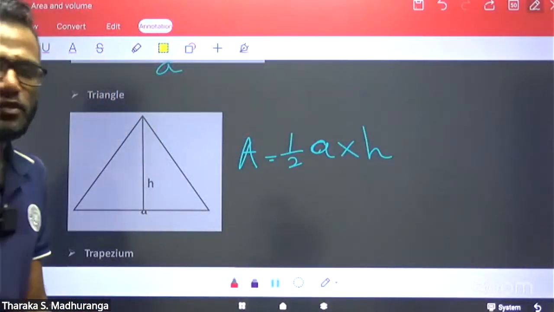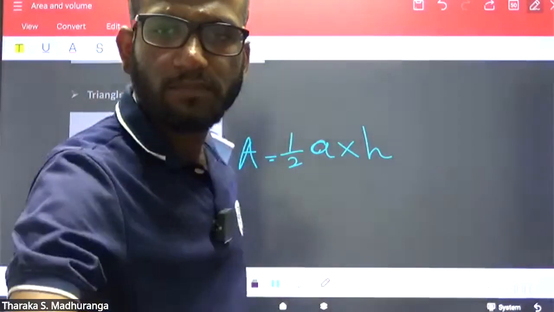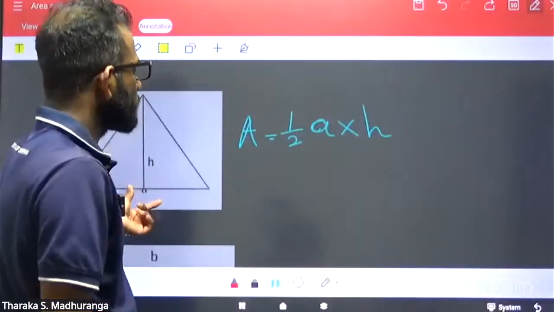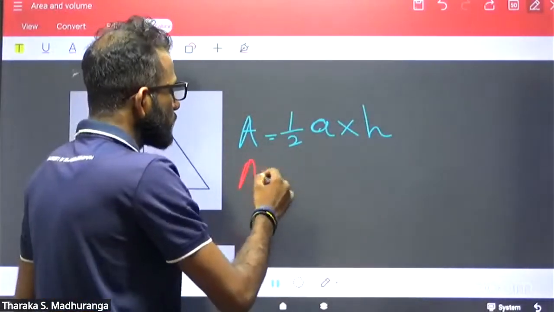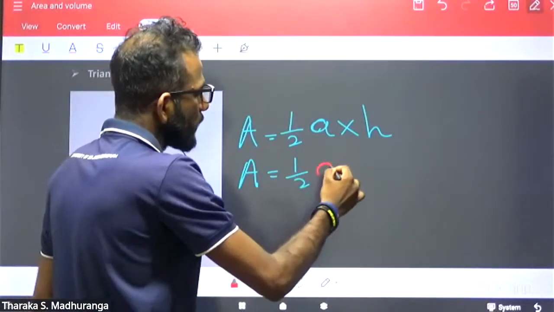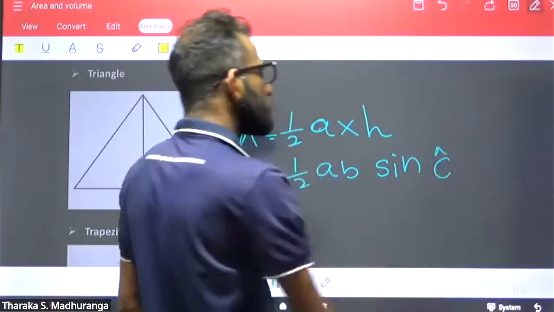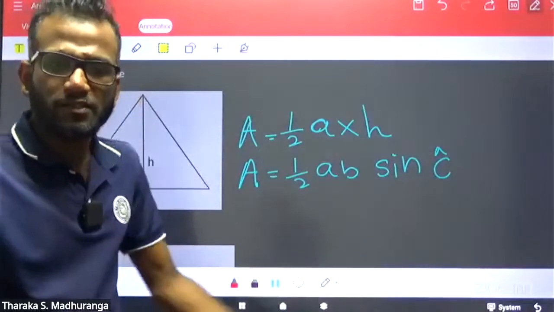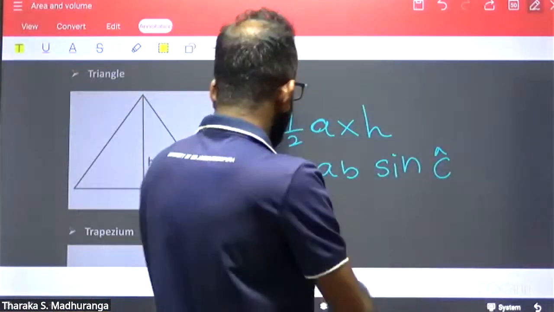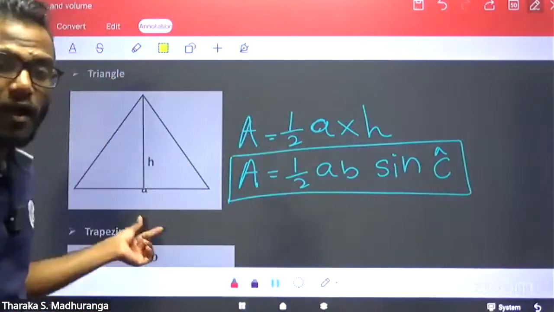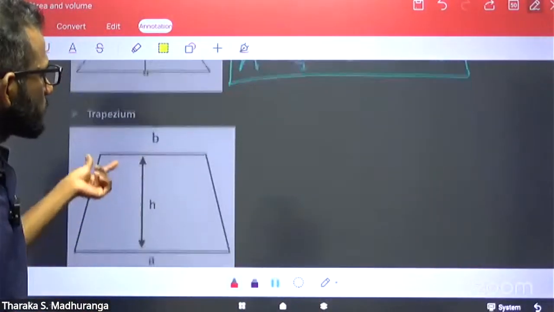I also told another equation, half into AB sine C, which we will discuss further in the trigonometry lesson. With the trigonometric ratio we can also find the area of a triangle, that is half AB sine C.